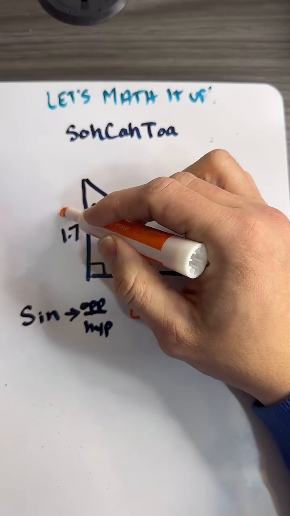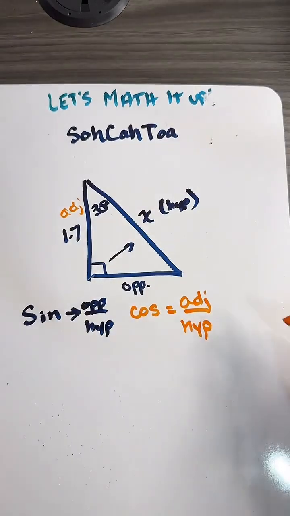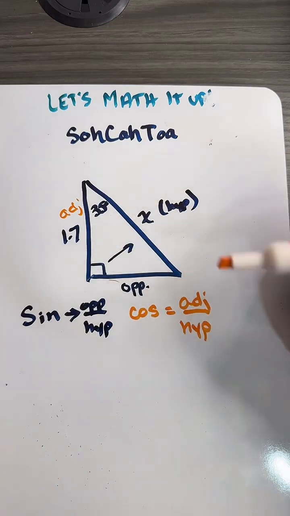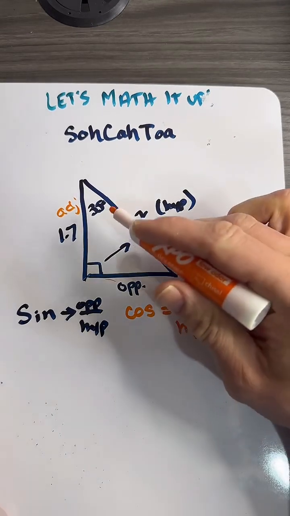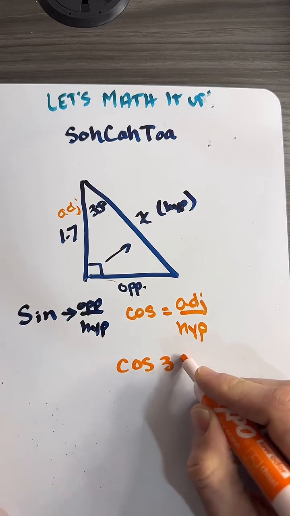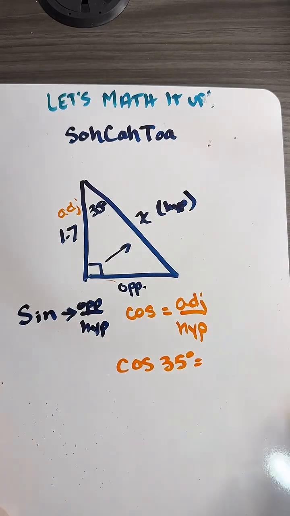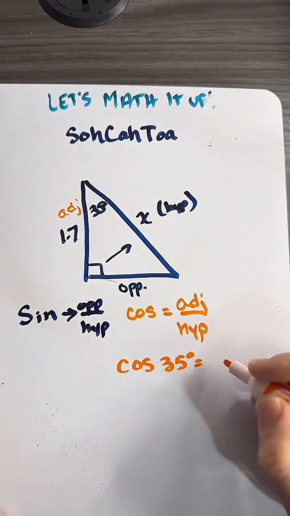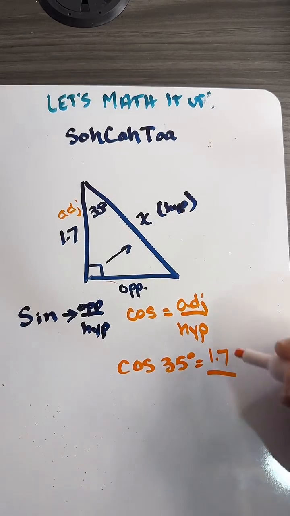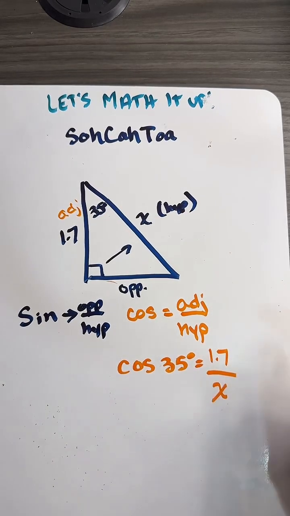So this right here is the adjacent side to the angle. See 35 degrees, opposite side, adjacent. So I take the cosine of 35 degrees equals adjacent side 1.7 divided by the hypotenuse, x.